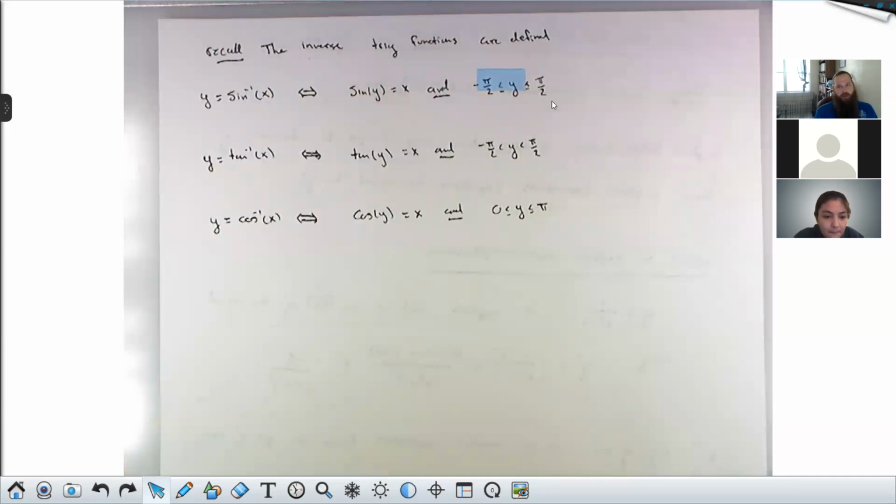So sine is not a 1-to-1 function. Tangent is not a 1-to-1 function. Cosine is not 1-to-1. But you can make them 1-to-1 by narrowing their domains down enough. All right, so just to start, remember, these are the definitions of these functions. Secant and cosecant can also be rewritten as inverse trig functions with their own domain restrictions.